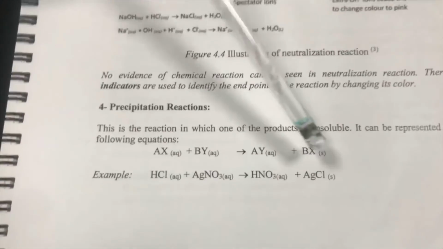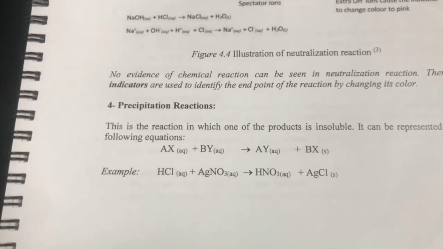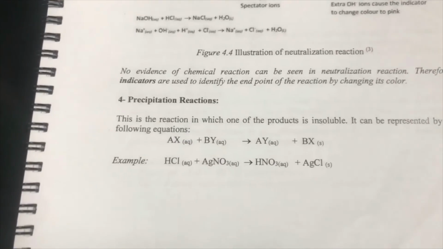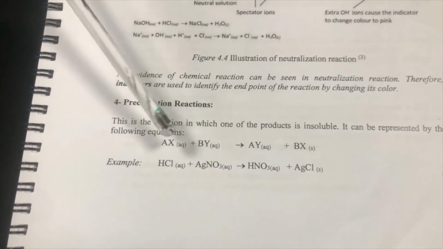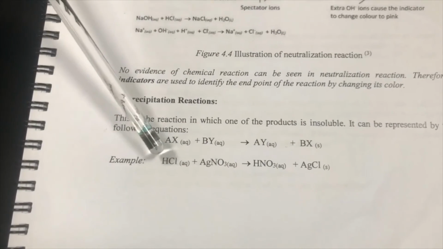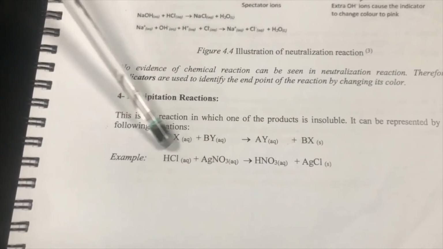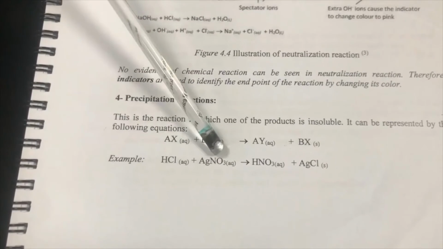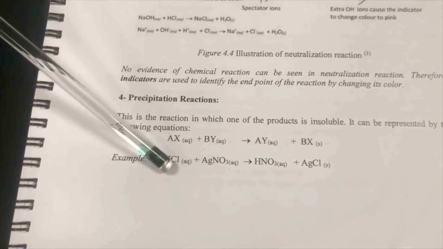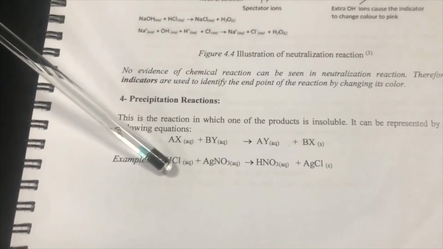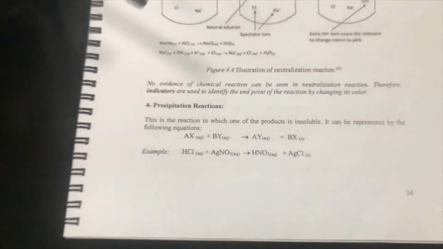Since the reaction is producing a solid product, this reaction is known as precipitation reaction. And also if you look carefully, it is also a double replacement, where hydrogen is replacing the silver and joining with nitrate, and the silver is coming back to join with the chlorine, and that's the second replacement, so silver chloride. So it's a double replacement also.